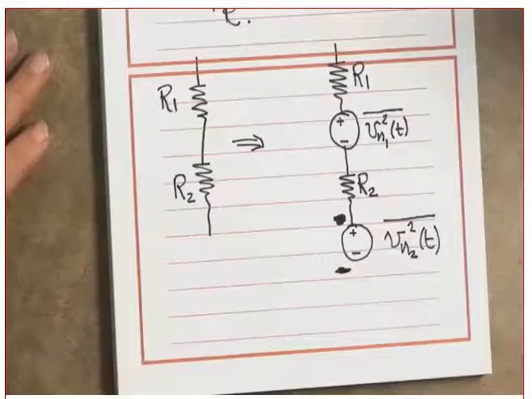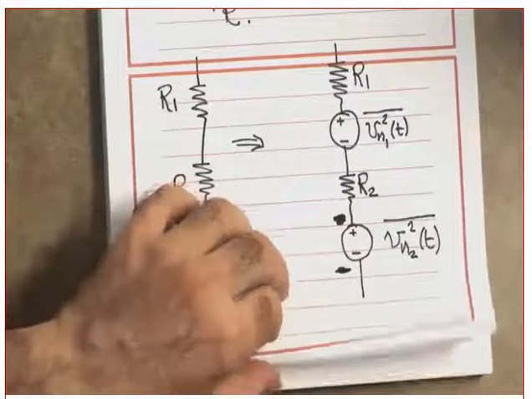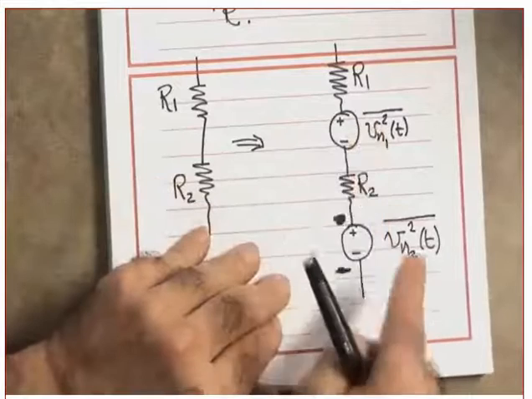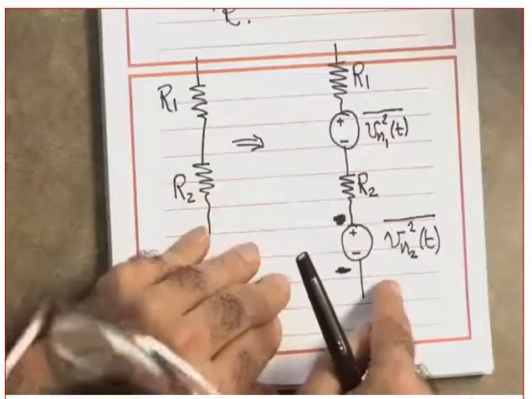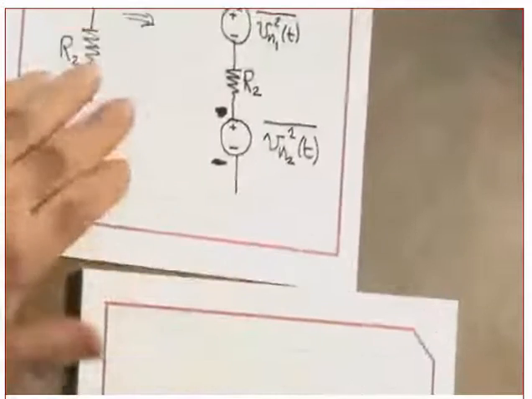Clear so far? Yes or no? Okay, how do I model the equivalent? Remember, this is a power source. Clear?